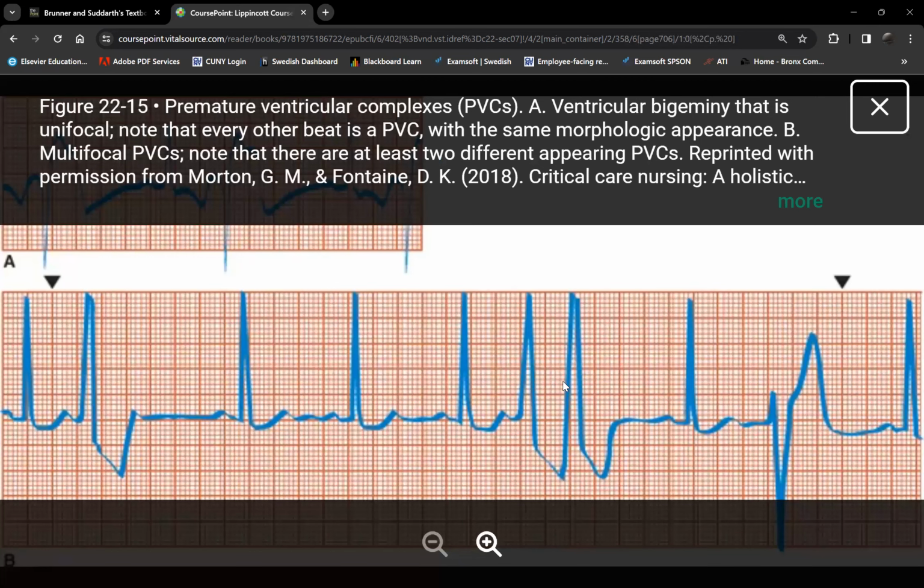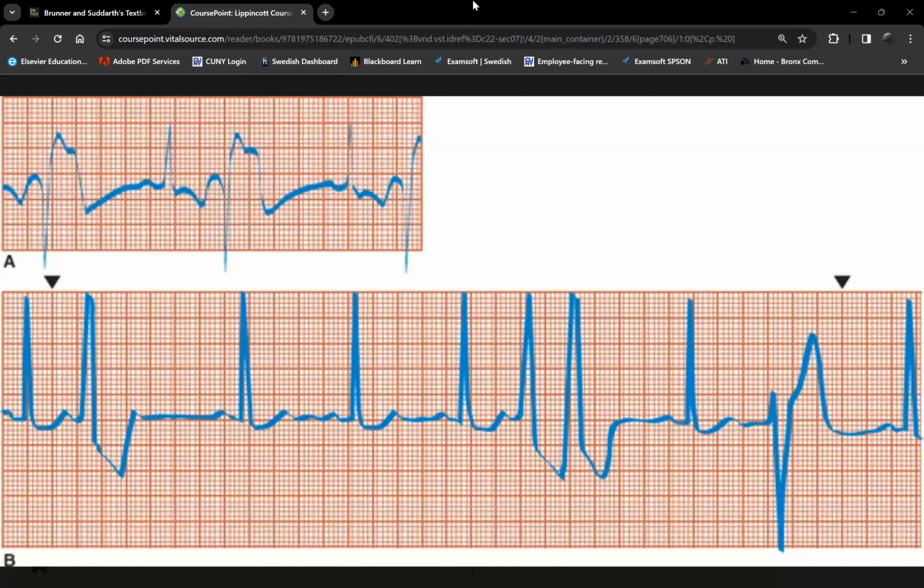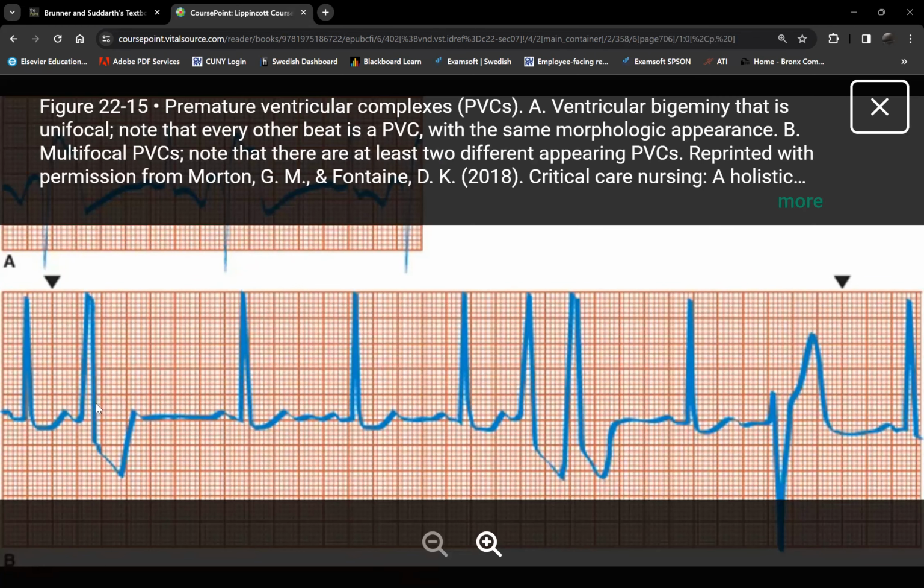Well, let's look at this one, for instance. What do you call this pattern? This would be bigeminy. How about this one? No, tri is every third beat. This is 2 in a row. This is a couplet. All right.